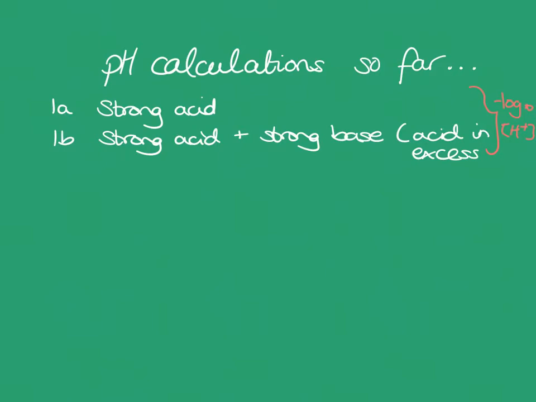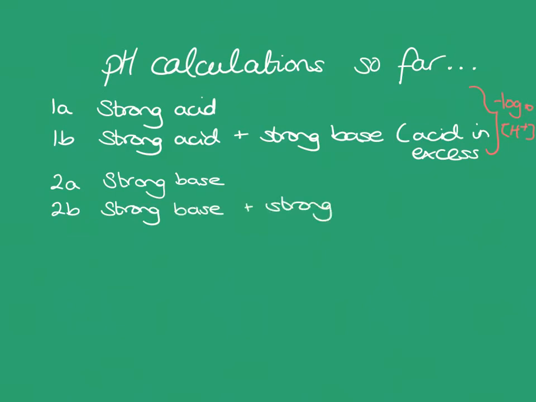And then we moved on to considering strong bases. So type 2 is just a strong base calculation. And we could have a strong base with a strong acid, but with the base in excess.